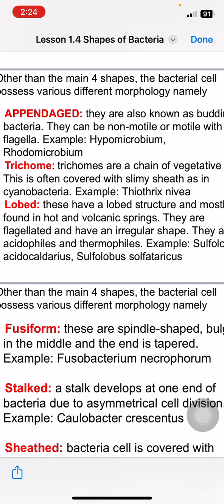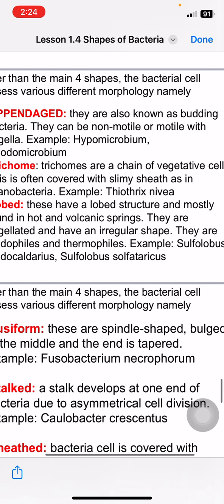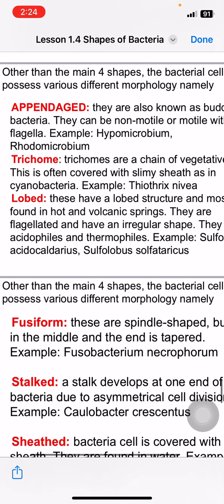Then we also have the lobe. These are structures that can be found not in cold areas, but in hot and volcanic springs. They are usually flagellated, so they can move faster and freely, but the shape of it is irregular.